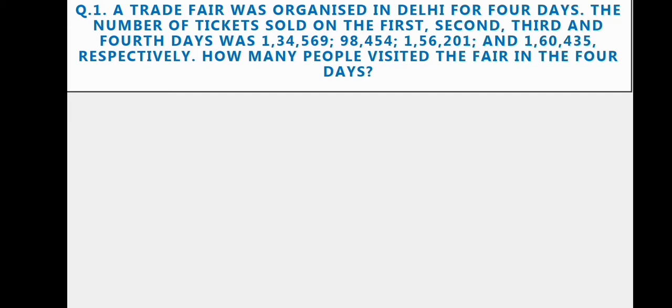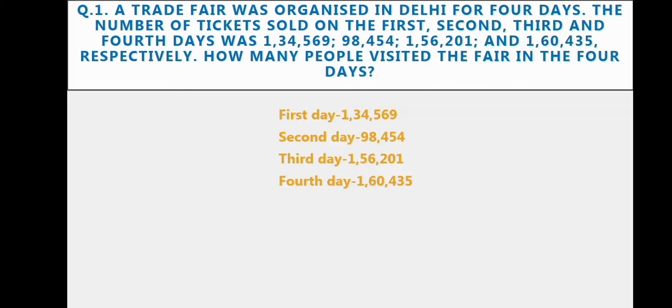Fair means Mela. So, number of tickets means number of people. One ticket is equal to one person. So, on the first day, tickets sold were 1,34,569. That means 1,34,569 people came. On the second day, number of tickets sold were 98,454.